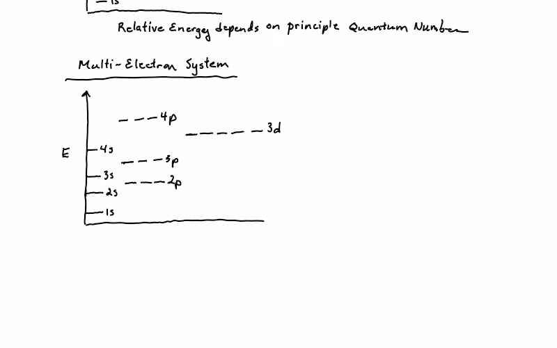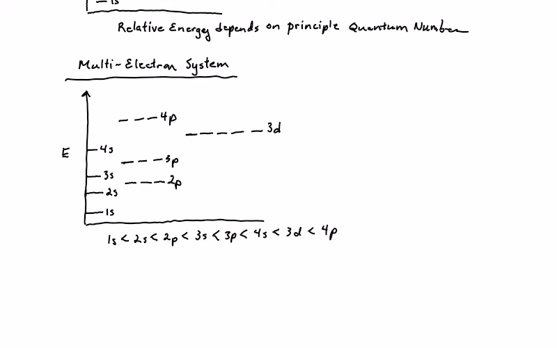Okay, so these are the relative energies for the first few orbitals. So we can see that the 1s orbital is lower in energy than the 2s, which in turn is lower in energy than the 2p, which is lower in energy than 3s, which is lower in energy than 3p, which is lower than 4s, followed by 3d and 4p.